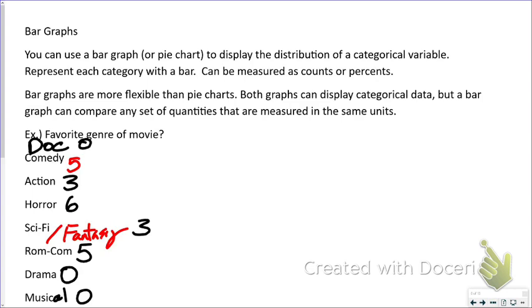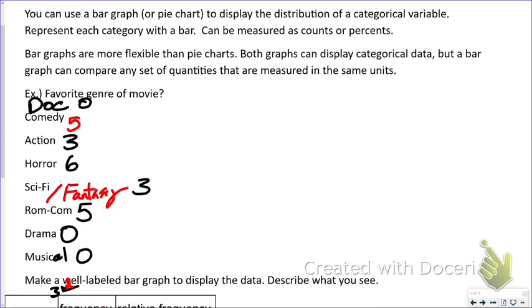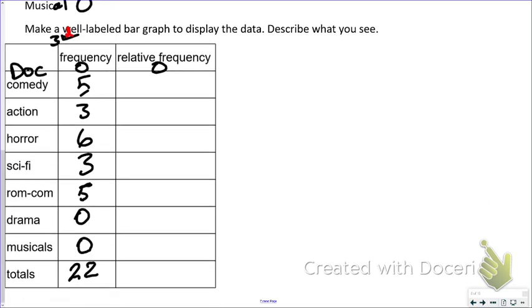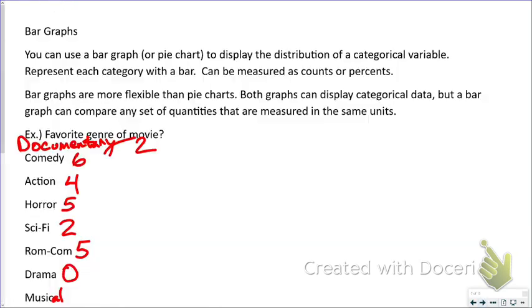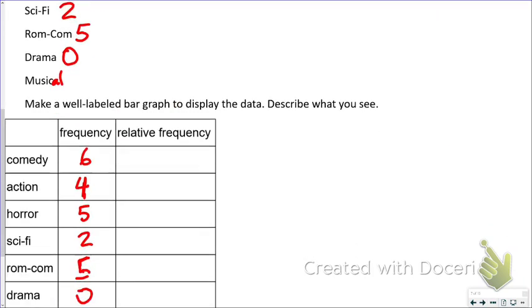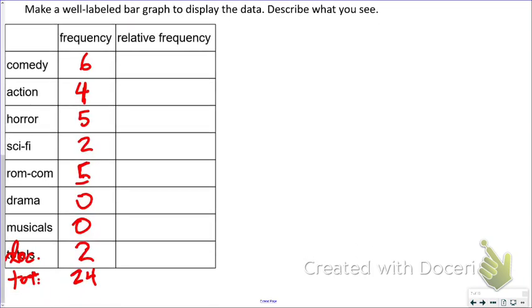We added the category documentaries, and then there were these categories. So that was third period's data. If you're interested, here's 8th period's data. There's a better picture of it. And let's do, for the video, let's do 8th period.